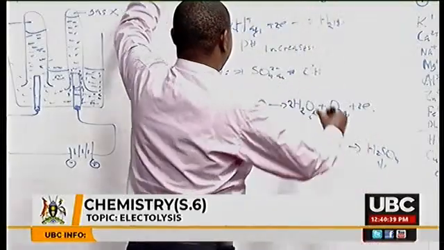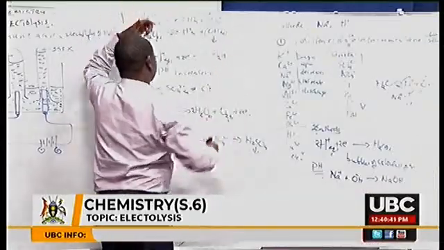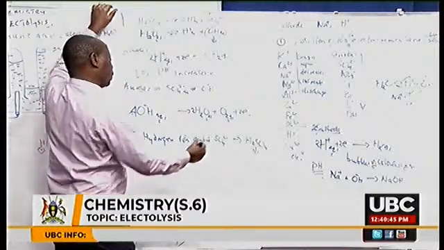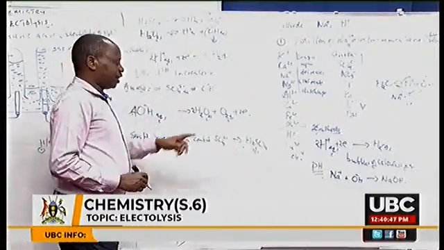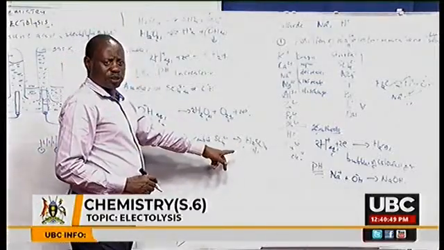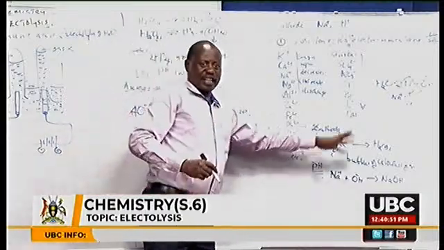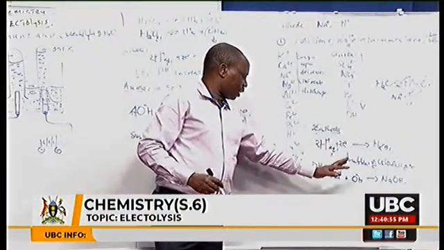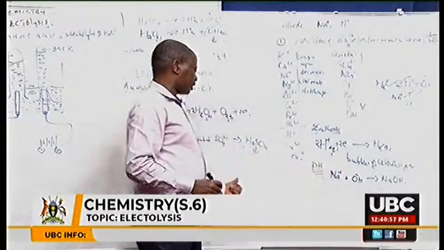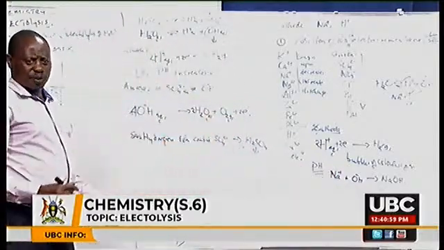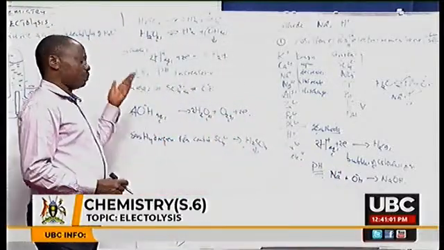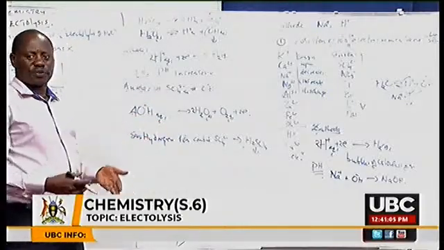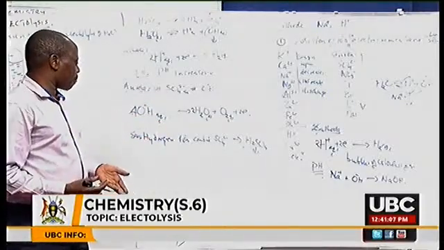So whereas the pH increases at the cathode because of the formation of sodium hydroxide, at the anode the pH decreases because of the formation of sulfuric acid.